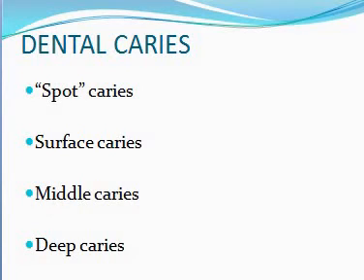There are four approaches to management of caries. We can attempt to arrest the disease by preventive measures, but you can use them only when your caries is in a spot stage.